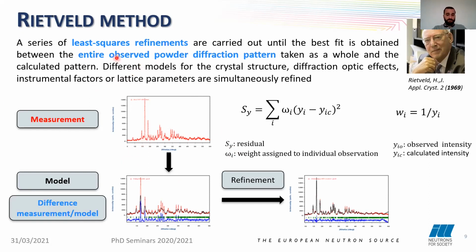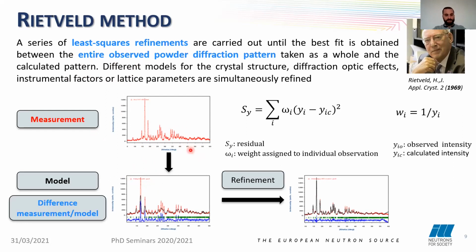So, in this method, least squares refinements are carried out until the best fit is obtained between the entire observed powder diffraction pattern, not only single peaks, and a calculated pattern. So different models for the crystal structure, diffraction optic effects, instrumental factors, or lattice parameters are simultaneously refined.